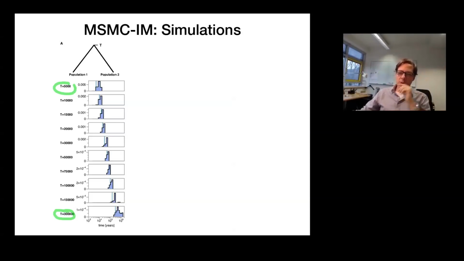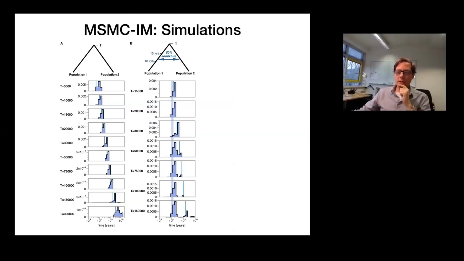But now we can do more complex things as well. For example, we can ask, what do we see if we have a split and post-split admixture? Here between 10 and 15,000 years ago, you have an admixture period. So now we should see two peaks. And sure enough, that's what we see if the split time and the migration phase are separated well enough.